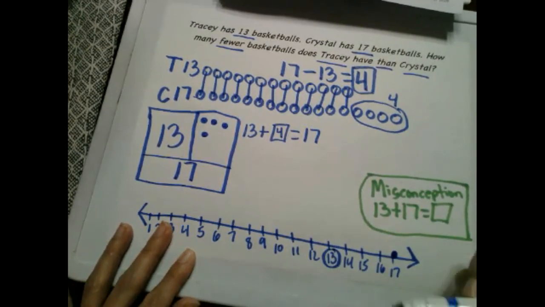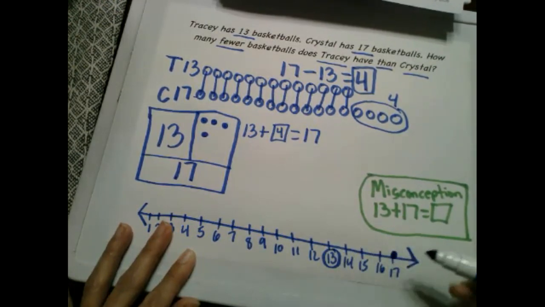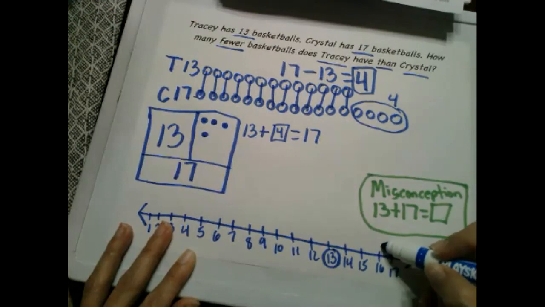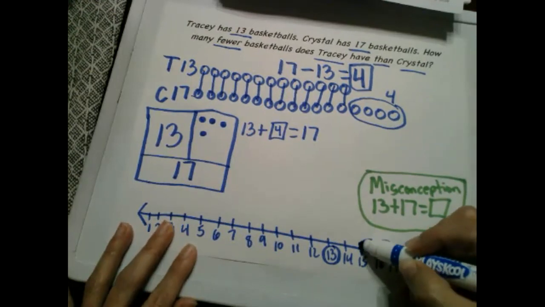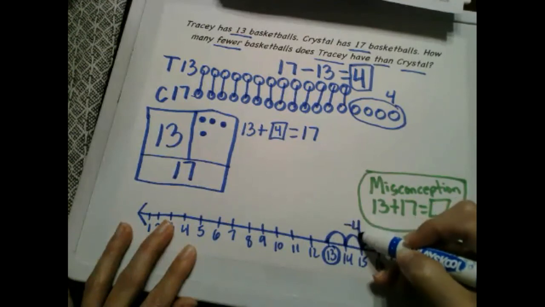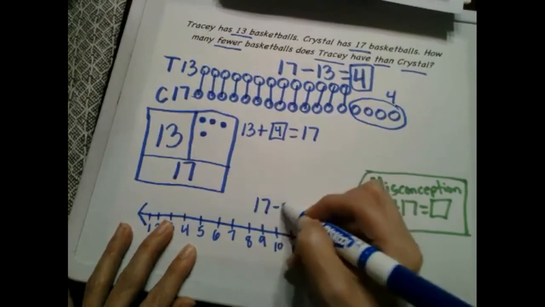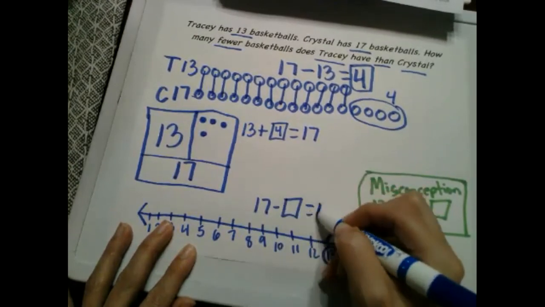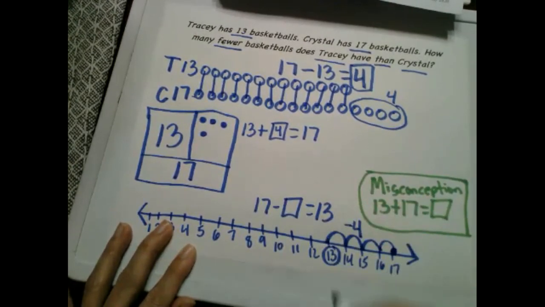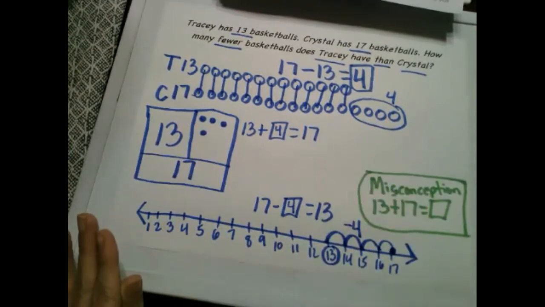And I'm going to see how much was the difference between these numbers. So I'm going to hop back. 1, 2, 3, 4. So 17 minus 4 equals 13. And since 4 was my unknown, I put it in the box.